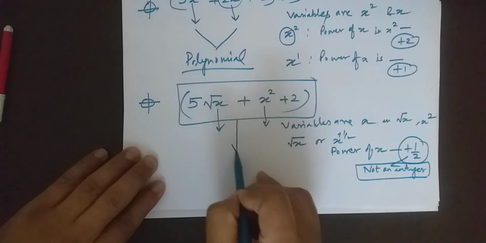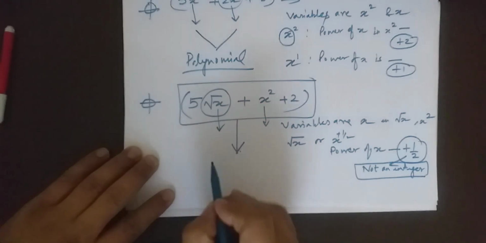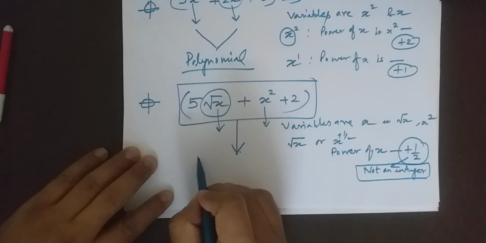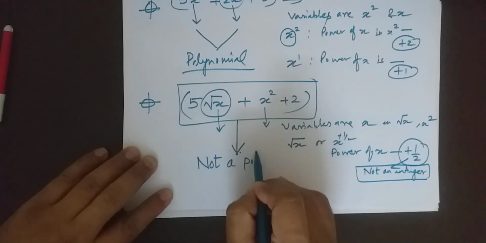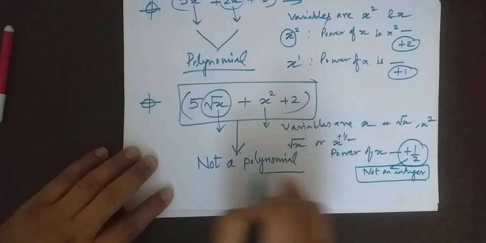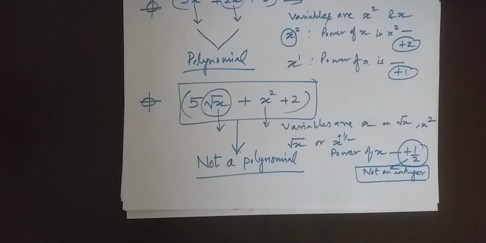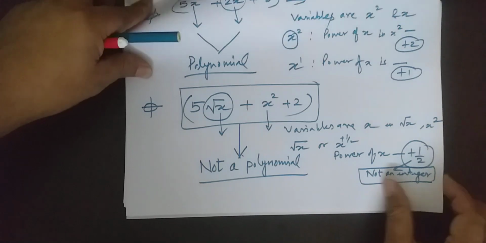So this slight aberration in the power of x makes it an algebraic expression which is not a polynomial. So this algebraic expression is again not a polynomial, right? I hope this must have made your concept of polynomial somewhat better than what you have learned so far from your own experiences.